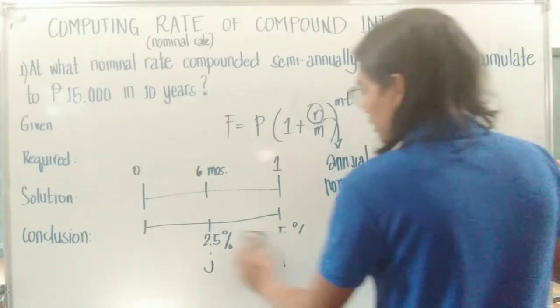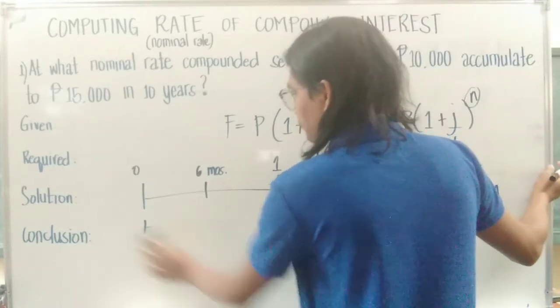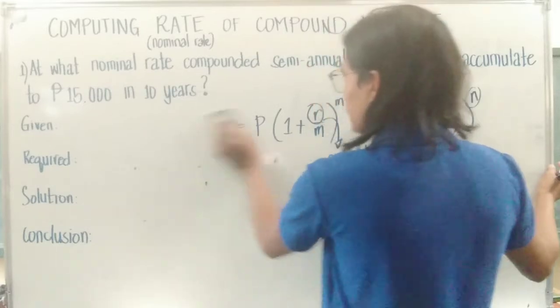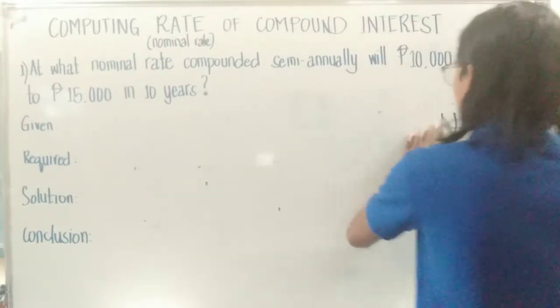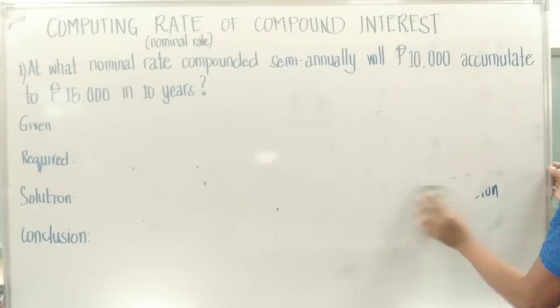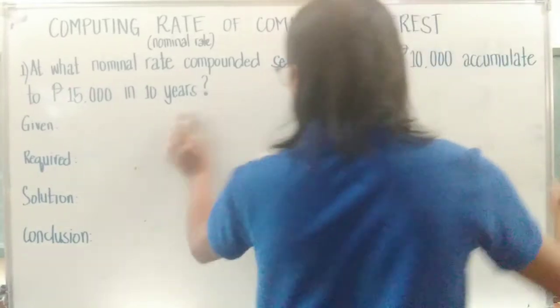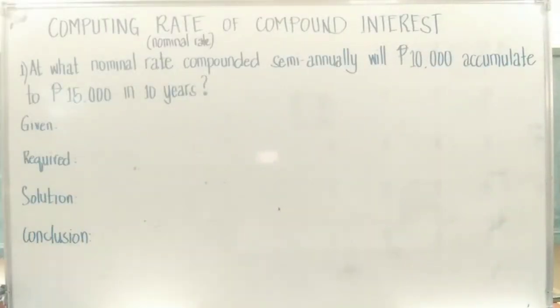Okay, so now let us proceed to our problem. On our board, we have this situation: at what nominal rate compounded semi-annually will 10,000 pesos accumulate to 15,000 in 10 years?